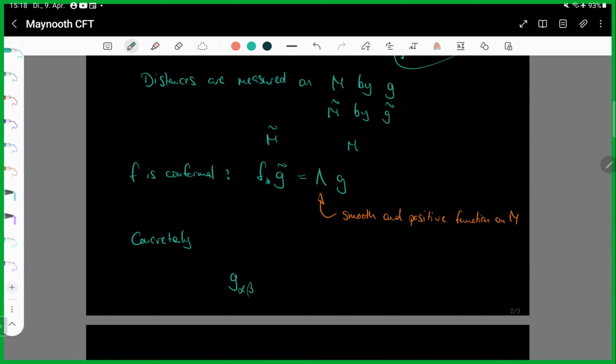What that means concretely is that you can take the metric tensor, it's going to have some indices alpha and beta, and you do a coordinate transformation between the two, looks like this, and you return lambda of x and G mu nu of x. So this is a very concrete prescription of how to think of a conformal map.